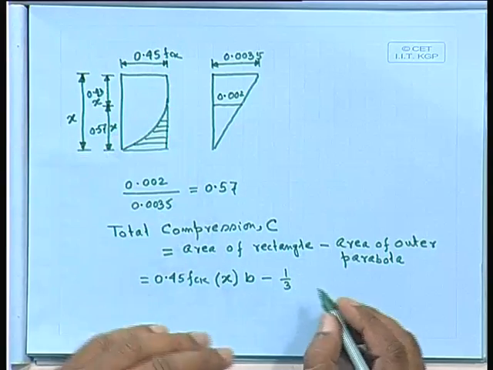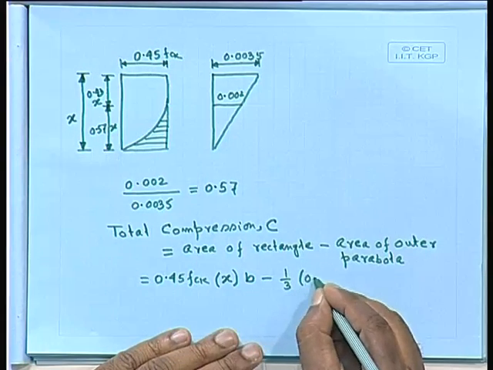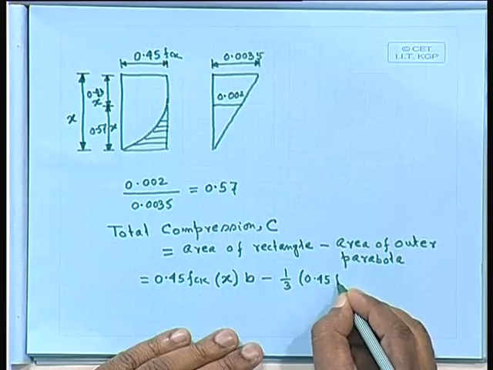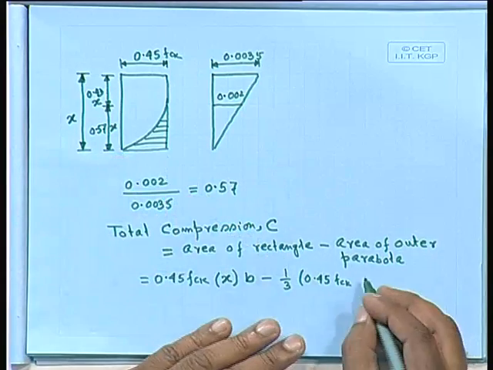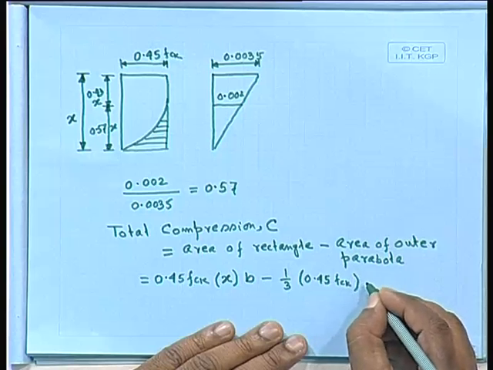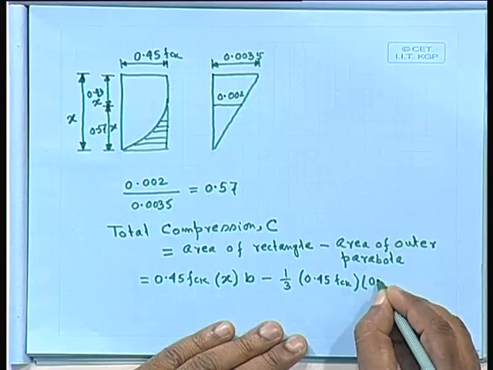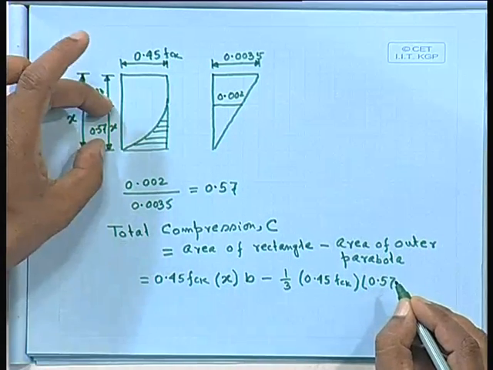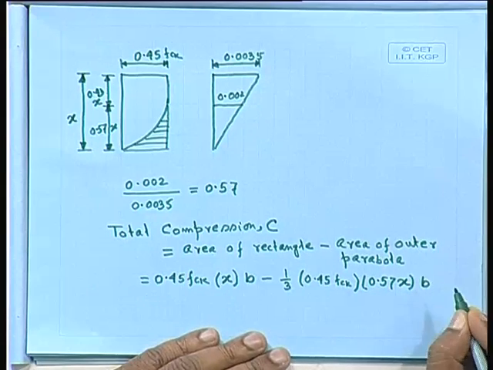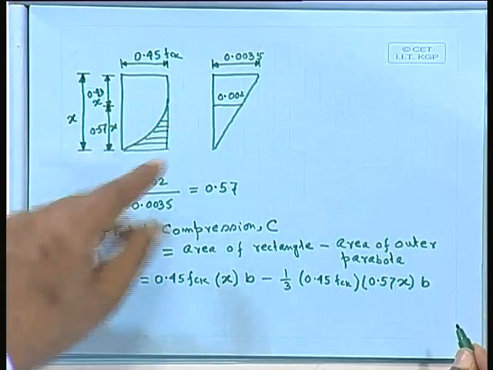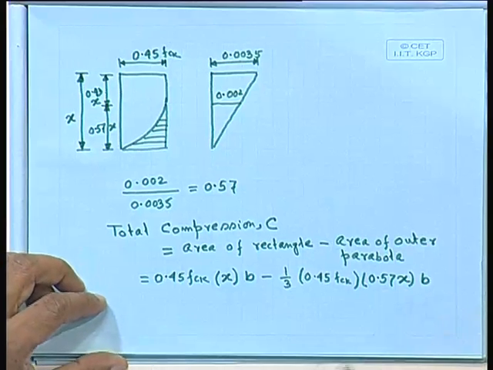We have to find this area: 0.45 fck, this one also 0.45 fck, multiplied by 0.57 x, multiplied by the width b. The b is the cross sectional width.